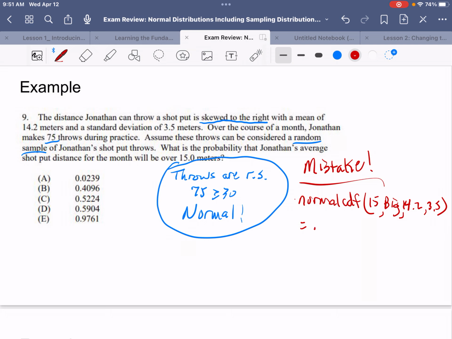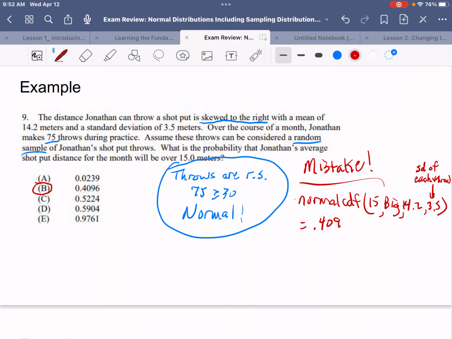I notice that this answer is 0.409, and answer choice B matches that very well. And so you sit here thinking, I've done this problem correctly. Well, you see, the mistake is this. This standard deviation of 3.5 is not the standard deviation of x bar. This is the standard deviation of each throw.